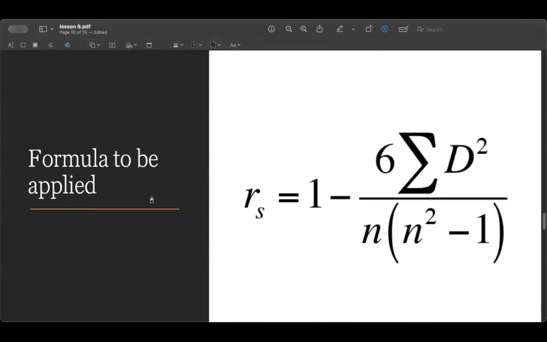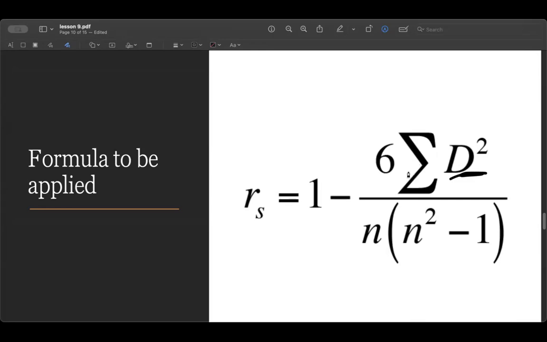So the formula to be applied: D is the differences, D squared means the squared differences, and N is the number of variables or items.